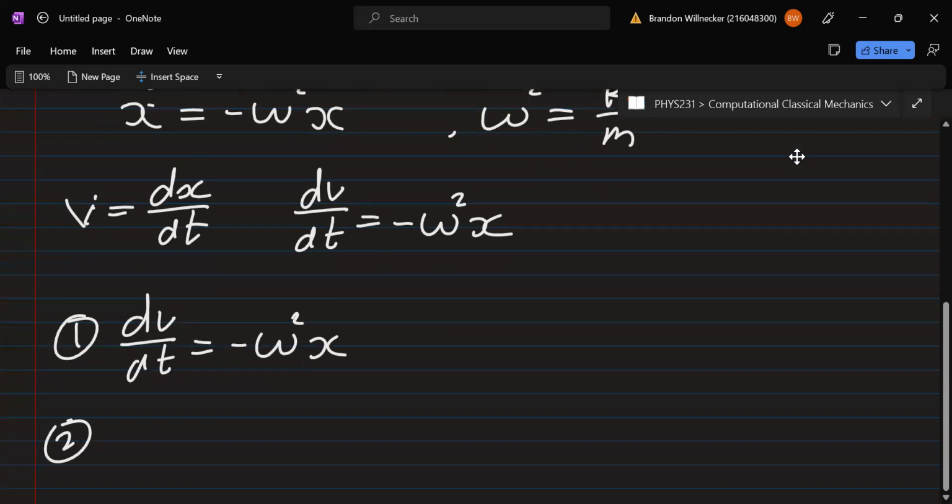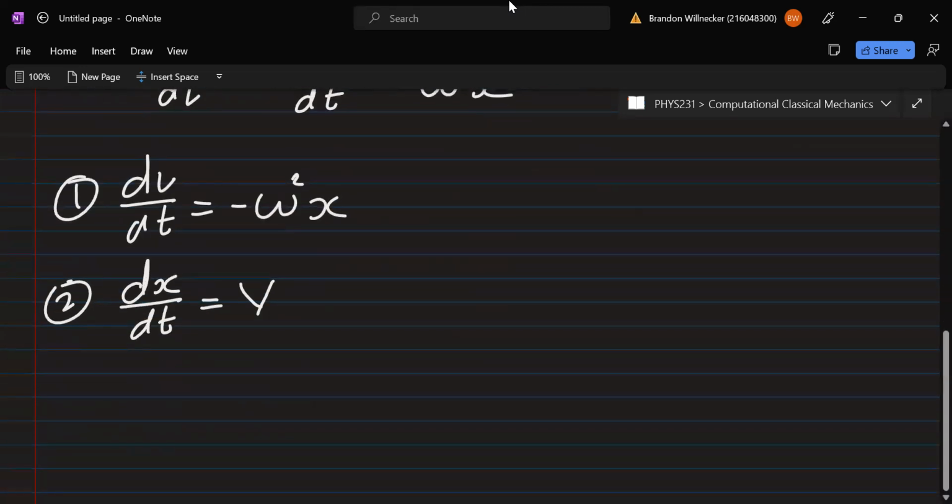And number two, dx by dt is v. Okay, so very similar to what we had before. And in this case, they are linear, so we could use that method that I set for homework. Yeah, but let's do this computationally.